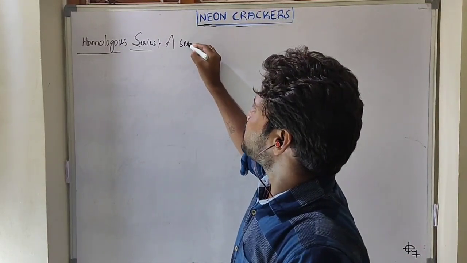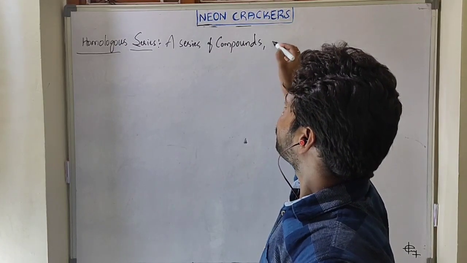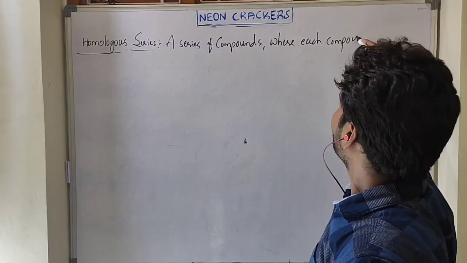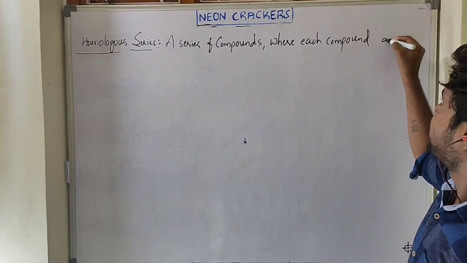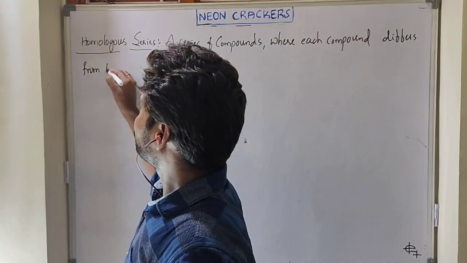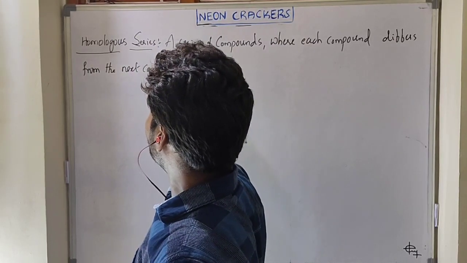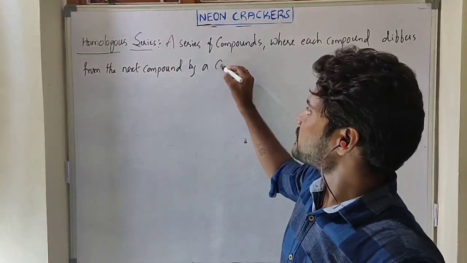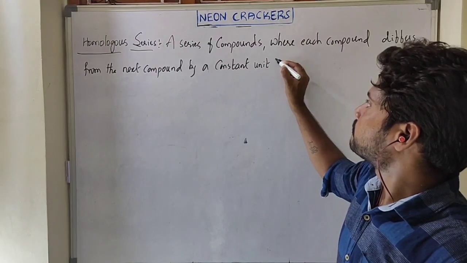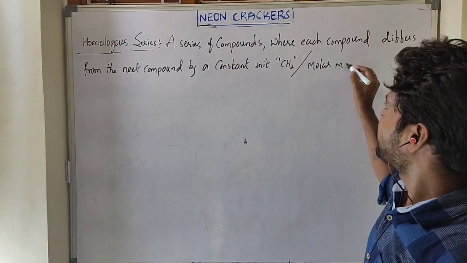So what is the definition? A series of compounds where each compound differs from the next compound by a constant unit CH2 or molar mass 14 grams.